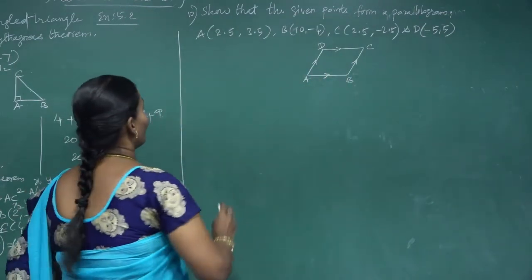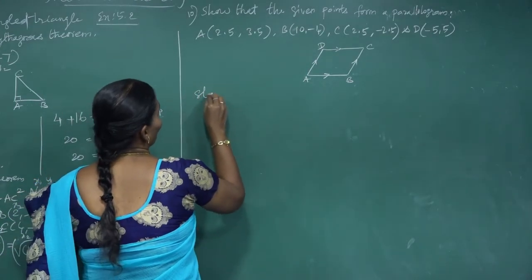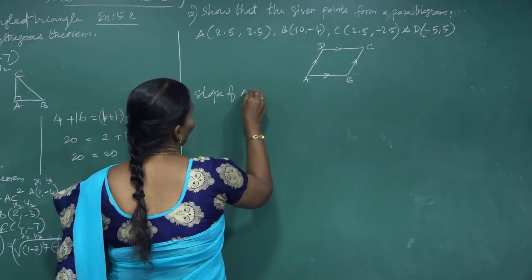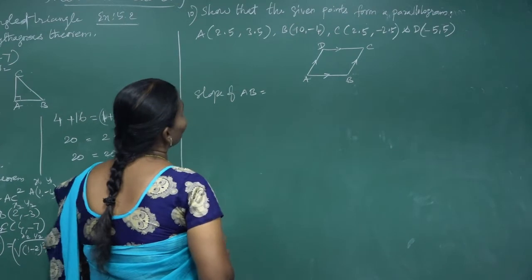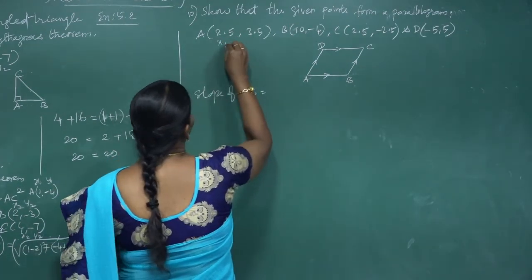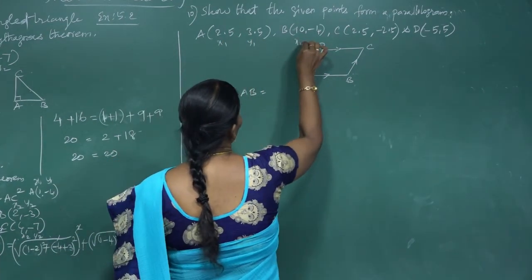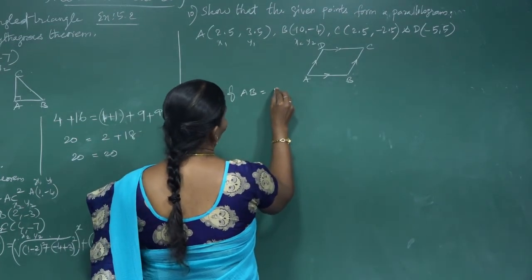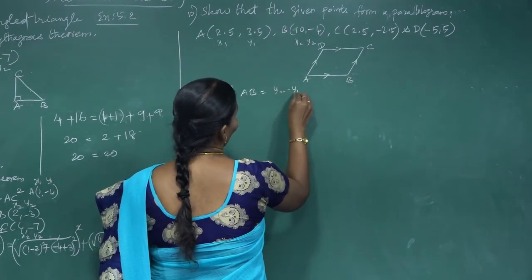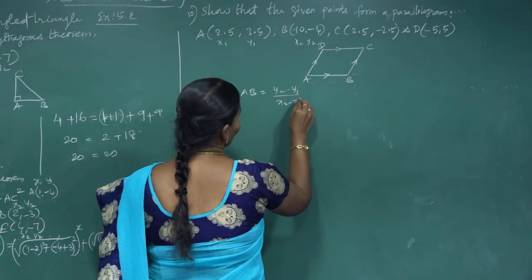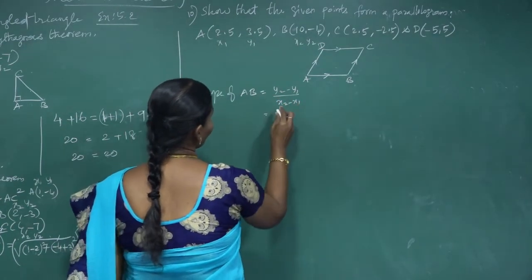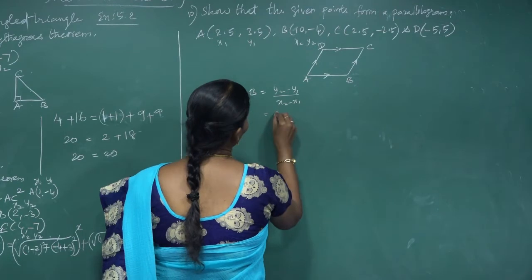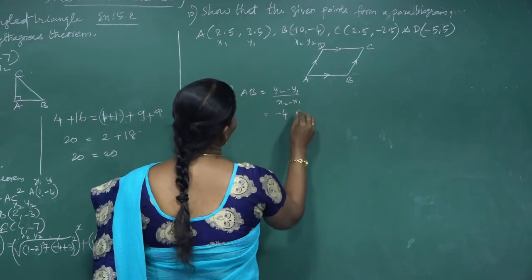So first find out the slope of AB. See what is the A point here? This is x1, y1, x2, y2. Now you know that formula, y2 minus y1 by x2 minus x1. Now which is the y2? Minus 4. y1 is 3.5.